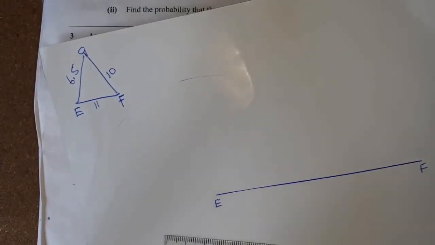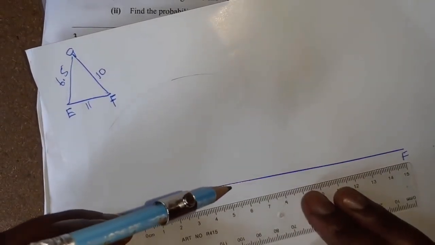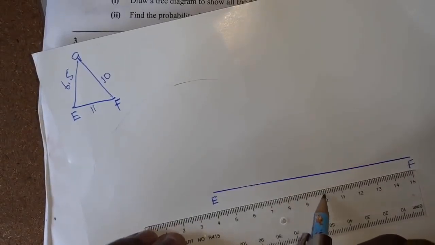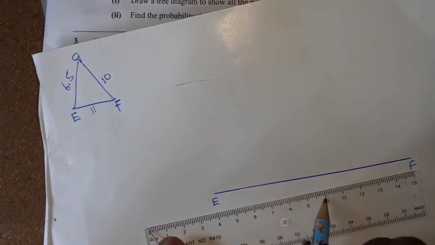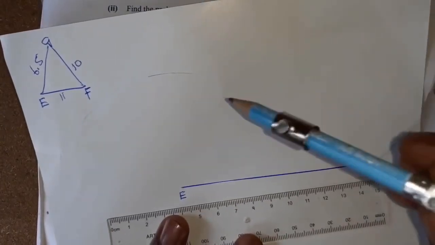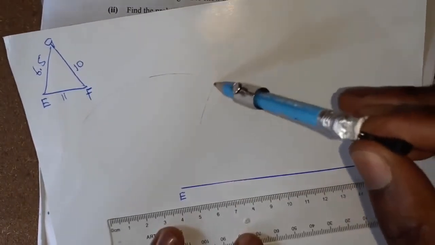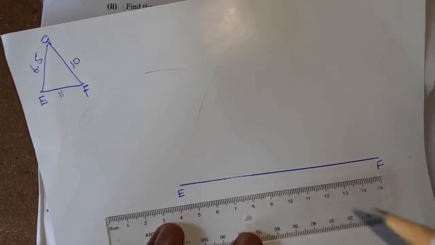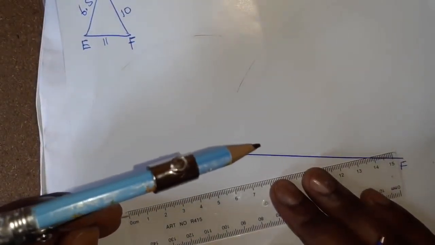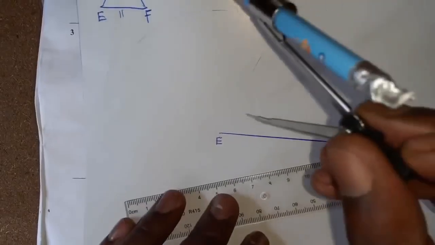Then we do the same thing. We now get the 10 centimeters. 0 up to 10. Okay, so the 10 comes from this point. So it means we have to go back to 6.5. Okay, we need to come back here.